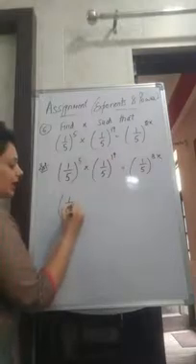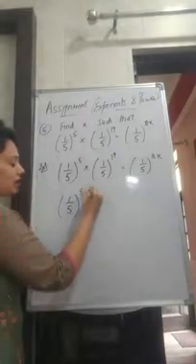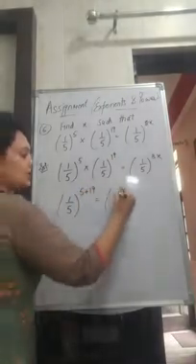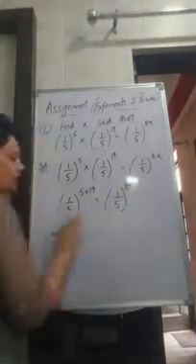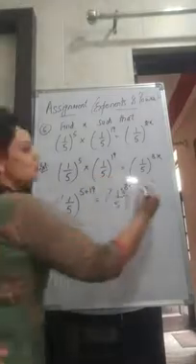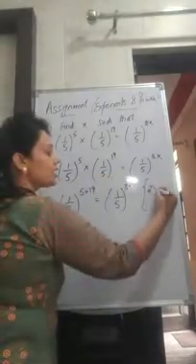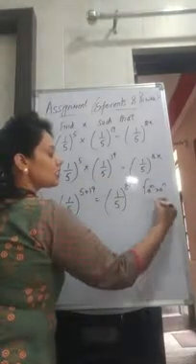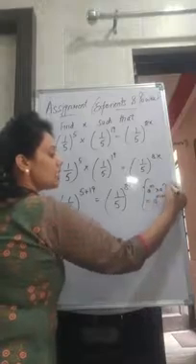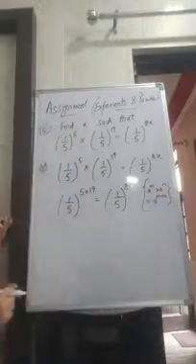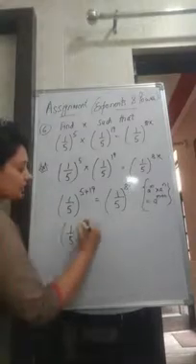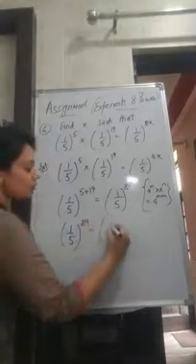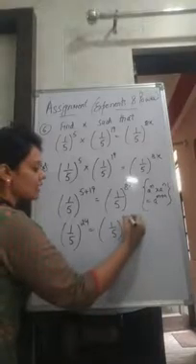We can write it as (1/5)^(5+19) is equal to (1/5)^(8x). Now the law which we have used, we will write here at the side: a^m times a^n is equal to a^(m+n), right? So it is (1/5)^24 equals (1/5)^(8x).